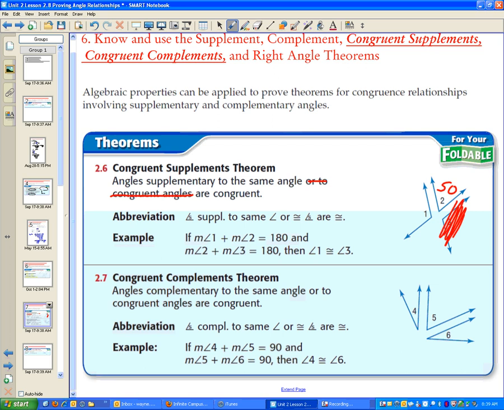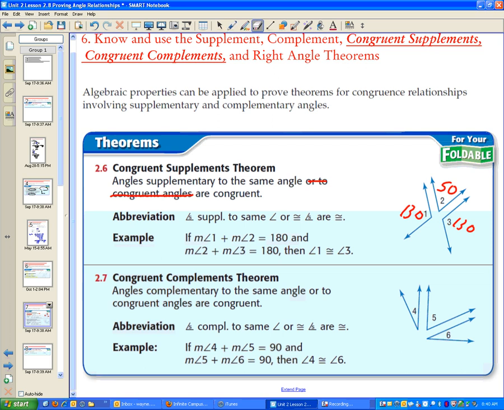If angle 1 and angle 2 are supplementary, what's the measure of angle 1 have to be? It has to be 130. If angle 3 and angle 2 are supplementary, what's the measure of angle 3 have to be? So isn't angle 1 congruent to angle 3? Okay. So if two angles are supplementary to the same angle, those two angles are congruent to each other.